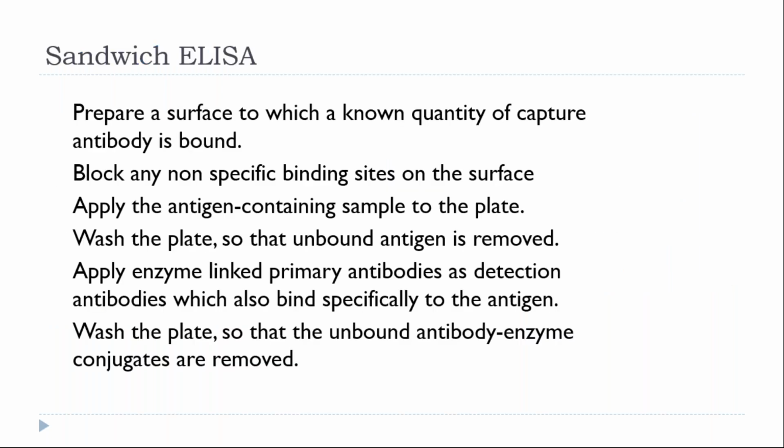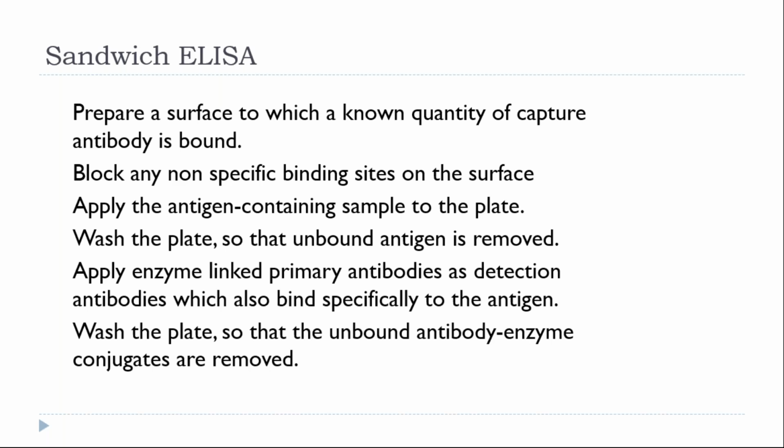So in sandwich ELISA, the first step is to prepare a surface to which a known quantity of capture antibody is bound. Now you get ready-made plates with the bound antibody. You block any non-specific binding sites on the surface, then apply the sample which contains the analyte of interest and allow it to bind.